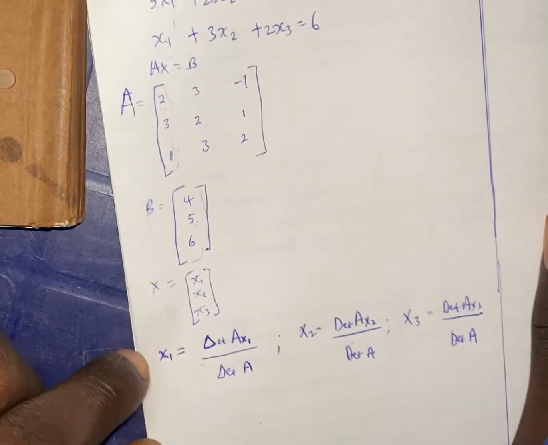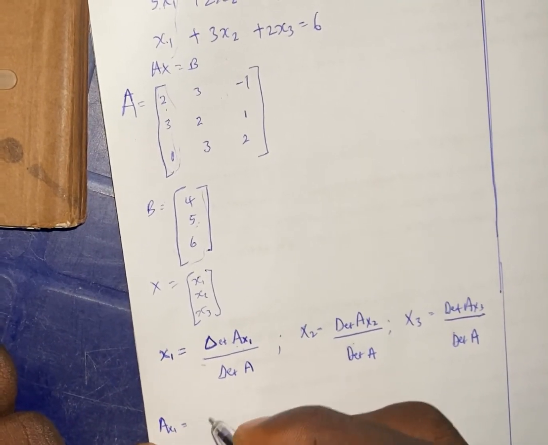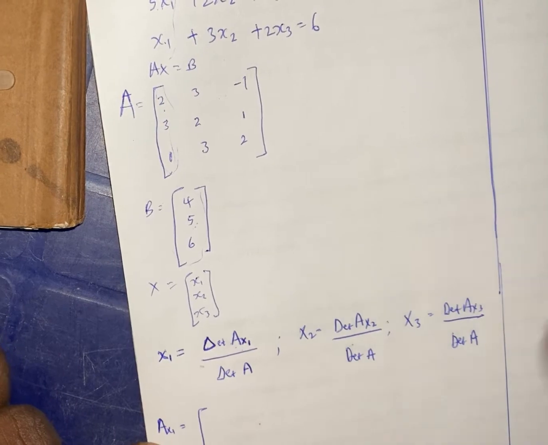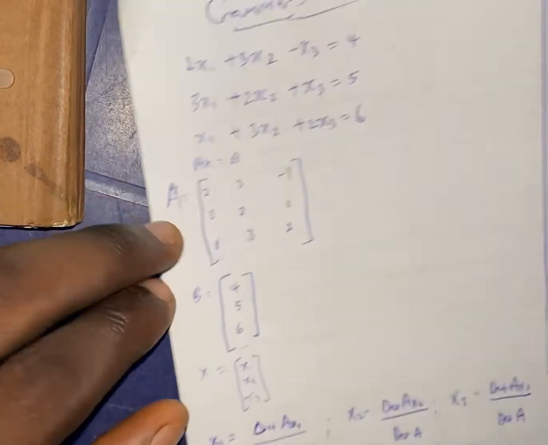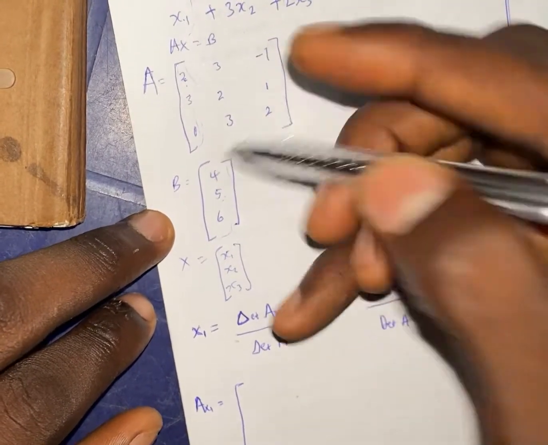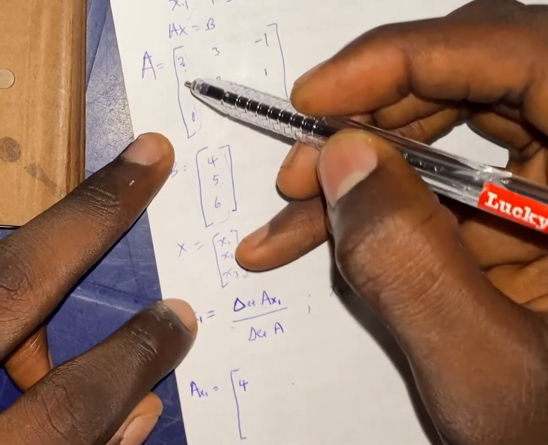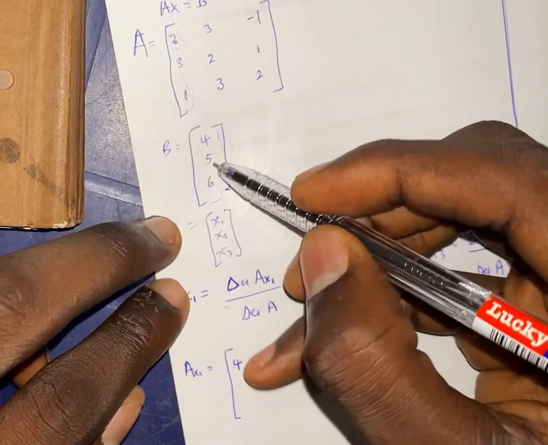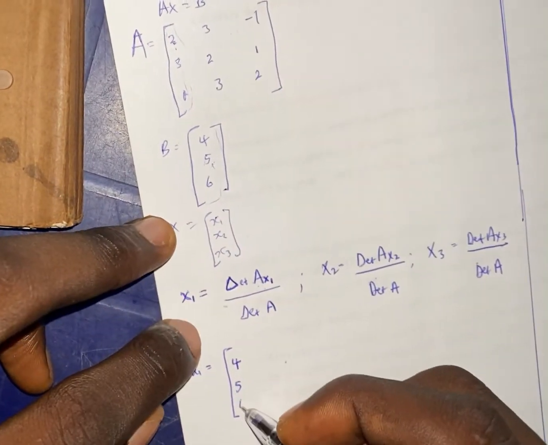So the matrix of Ax1 will be equal to: 2 we leave and 4 will substitute it, so we have 4. 3 we leave this place and 5 will be the new one. 1 will leave and 6 will be the new one.